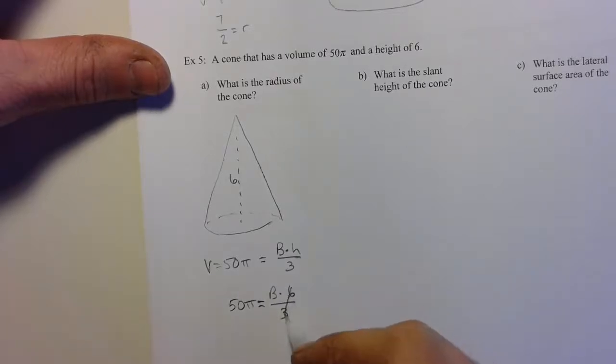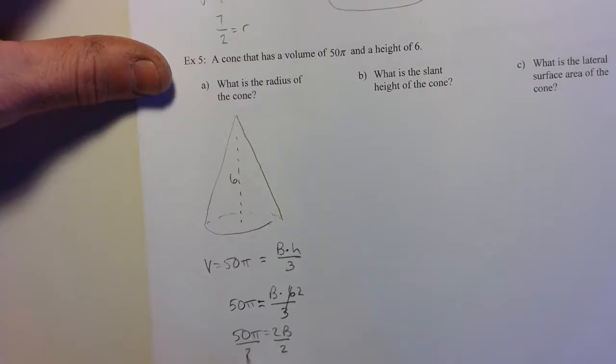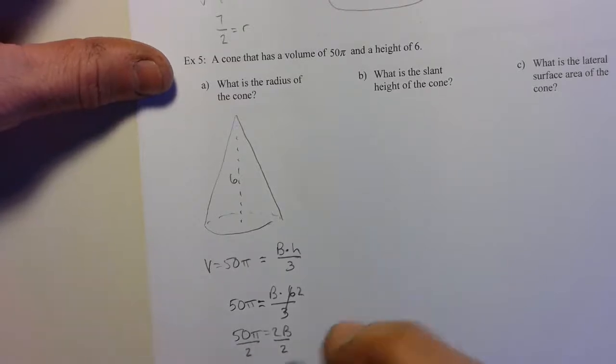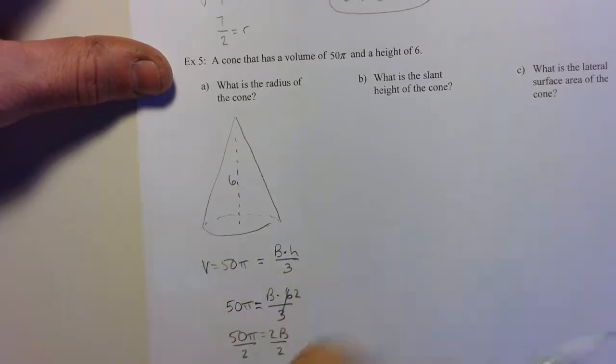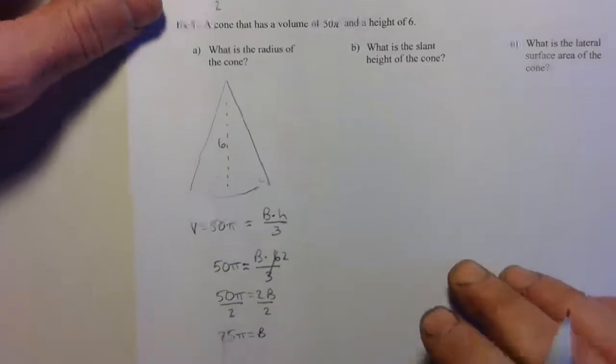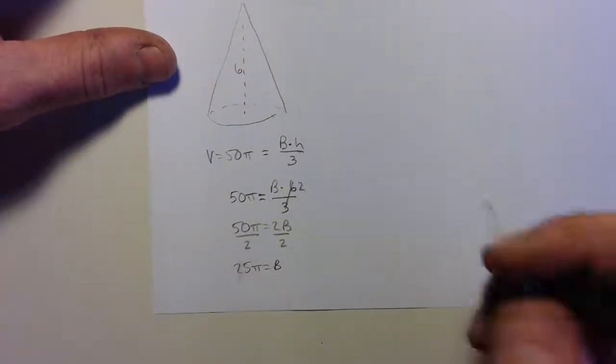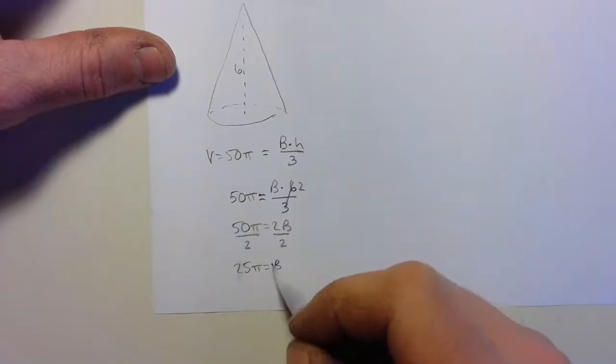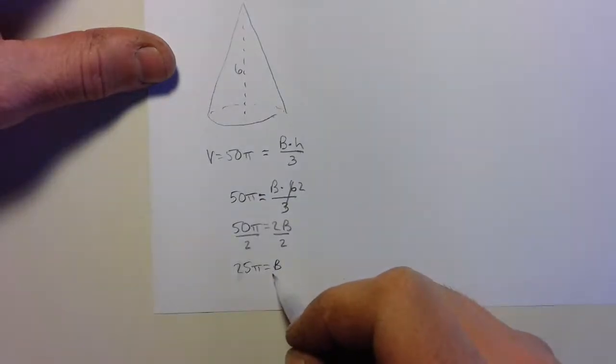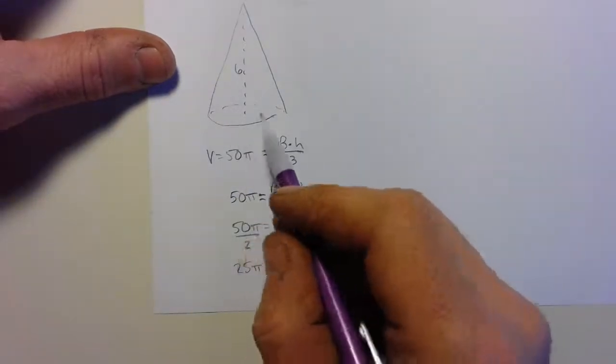Well, 6 divided by 3 is 2. So 50 pi equals twice the base. Well, if I divide by 2, 50 divided by 2 is 25. So that means the circle has an area of 25 pi, because there's a circle on the bottom.